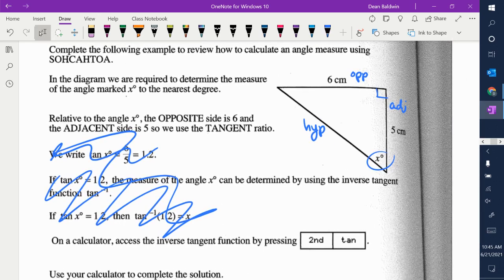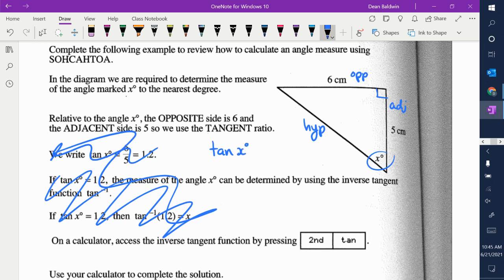Okay. Then you look at the two sides that you have, and the angle that you're trying to solve for. What two sides do we have? We have opposite and adjacent. Using SOHCAHTOA, which trig function uses opposite and adjacent? Tan. So it's tan of our angle x.